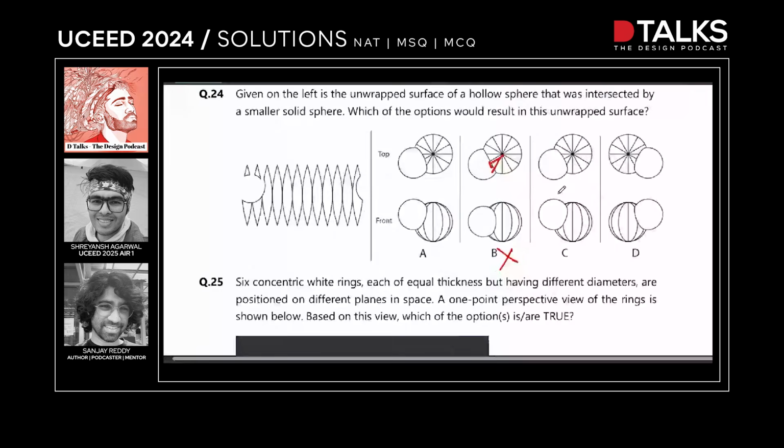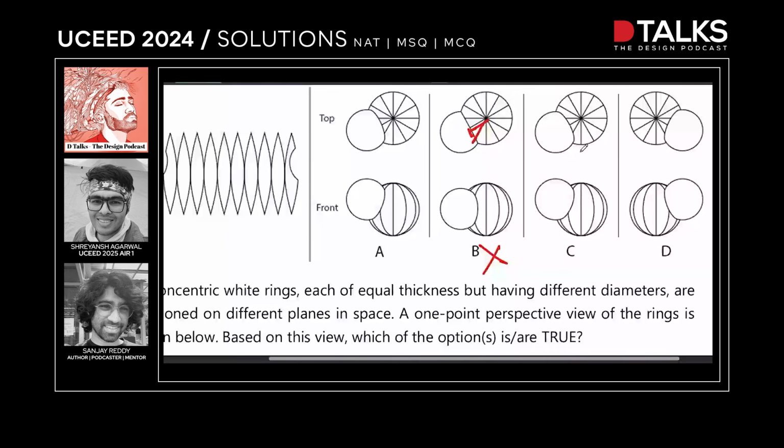Now, the major difference between these two options is over here. C has a barely smaller triangle, and this particular curve is barely straighter, which means it's just a bit towards the right.